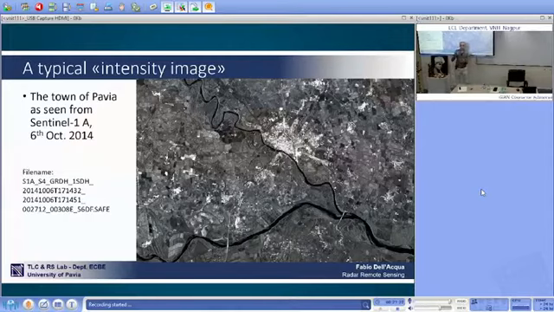They bounce back very little energy, for the reason that we'll see shortly. So you will see them very dark, very low incoming power. Cities tend to respond strongly because of this double bounce phenomenon.